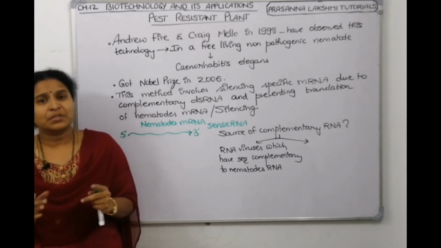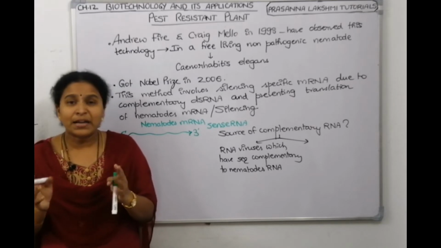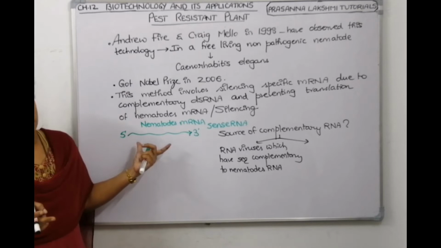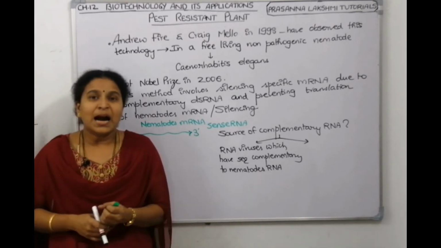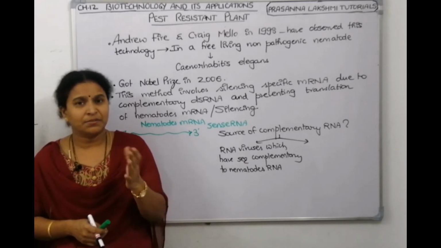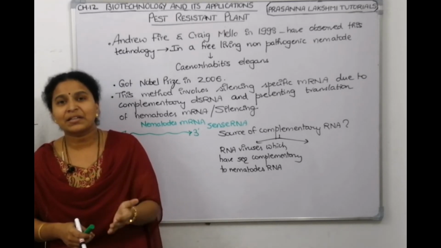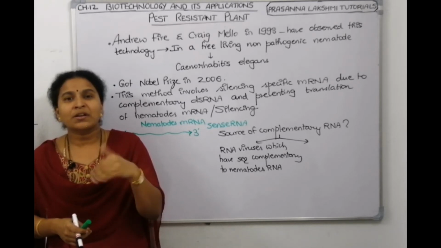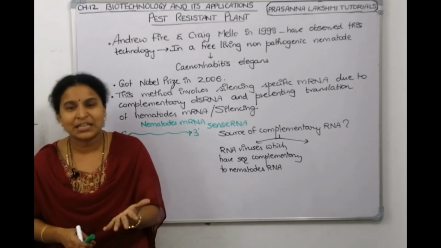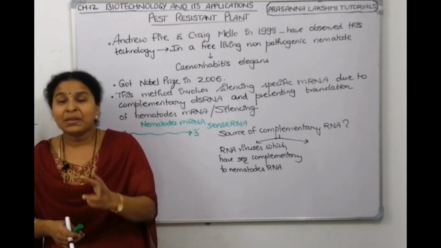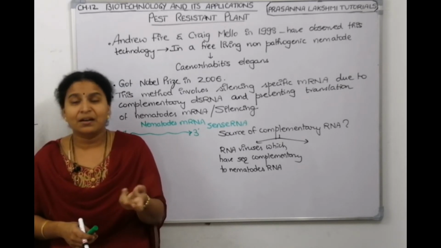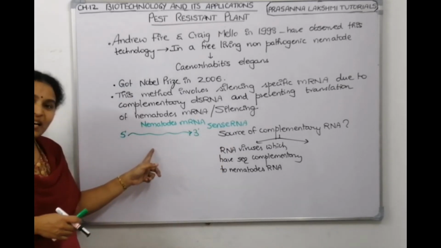Sometimes some RNA virus sequences might be complementary to the nematode's RNA, and we also know that RNA is easily mutatable. RNA changes its sequence very fast. We saw coronavirus, alpha, delta, then the Omicron strain came. It is mutating fast, evolving, showing new shapes, new sequences. So, that new sequence might be complementary to the nematode's RNA.